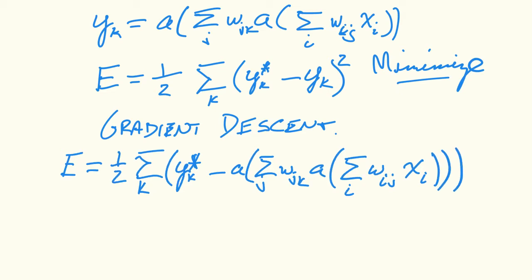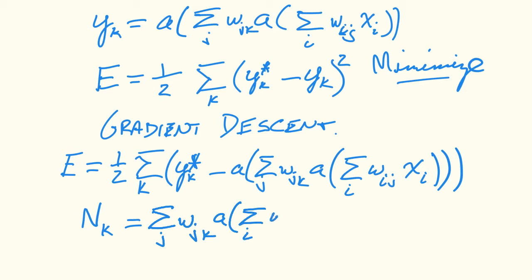This is pretty ugly, so let's create a couple of things to simplify this for us. Let's let N sub K equal this inner part here. So that is the sum across all J of W J K times the activation function of the sum across I of W I J X sub I. All right, so that will be one handy thing.